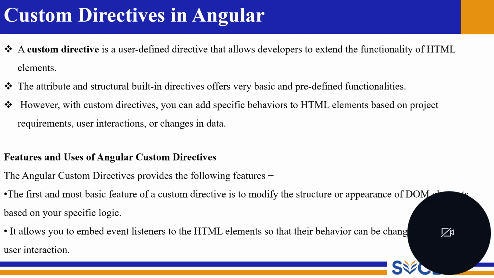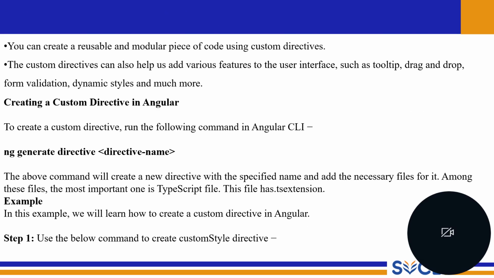However, with a custom directive, you can add specific behavior to an HTML element based on project requirements, user interactions, or changes in the data. You can create reusable and modular pieces of code using custom directives. Custom directives can also help us add various features to the user interface such as tooltips, drag and drop, form validation, dynamic cells, and much more.